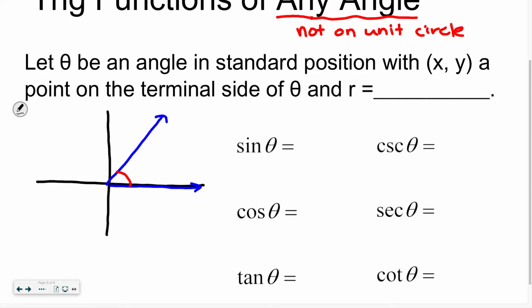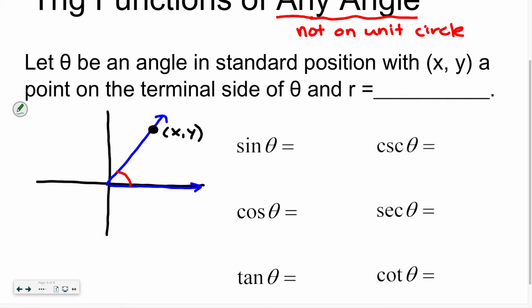And now we're not confined to the one circle that has the radius of 1. We can be any circle out, but we know that there is some point (x, y) on our terminal side. Okay, where that is, we don't necessarily know. But if we're trying to find these trig ratios, we're essentially looking for a triangle.